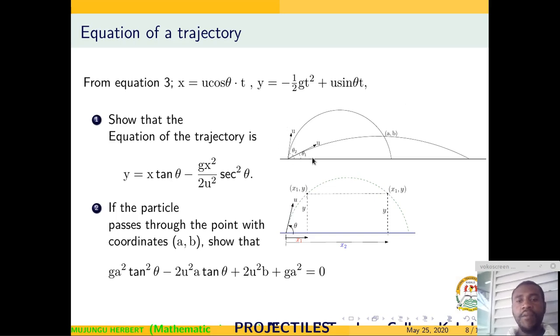In this diagram, we are trying to indicate that for a projectile to pass a given point, there are two possible angles of projection. In our case, the first would be when a particle is moving upwards to pass through such a point, or when a particle is coming back from the maximum height and passes through that same point.